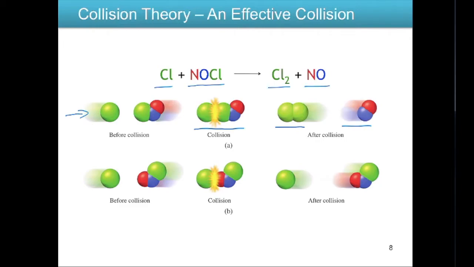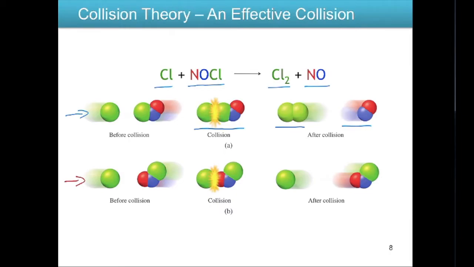Now the second figure shows a collision that is not effective. The reason for this one seems to be that the orientation is not correct. We need to have the two chlorine molecules, right? We'll look at the top one again. Those two chlorine molecules have to be oriented in such a way that they will collide with each other in order for the reaction to occur.